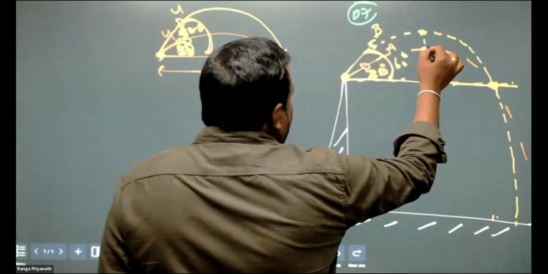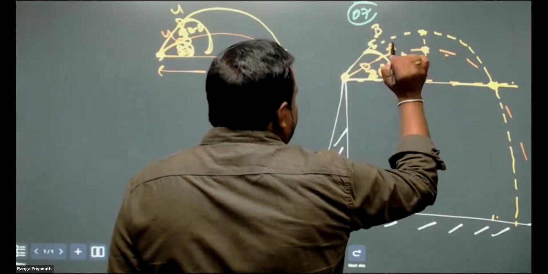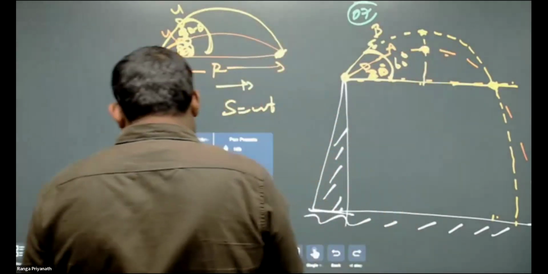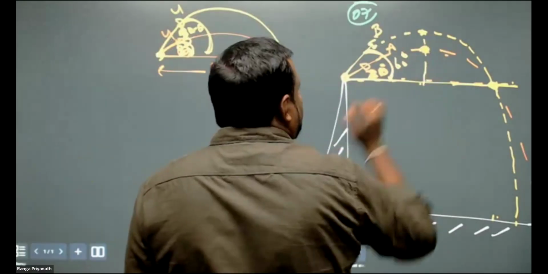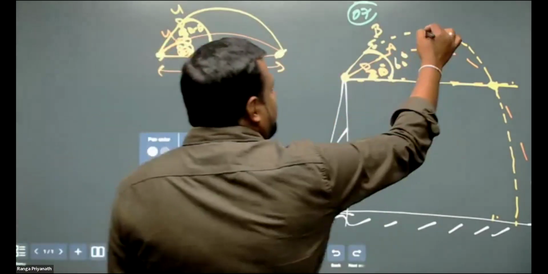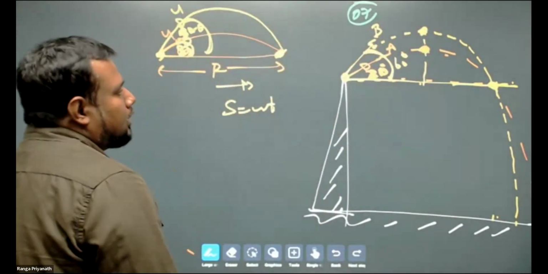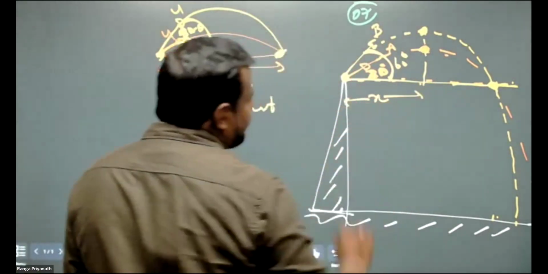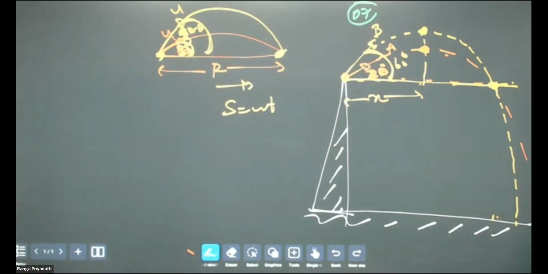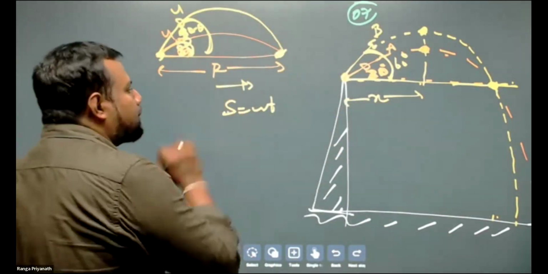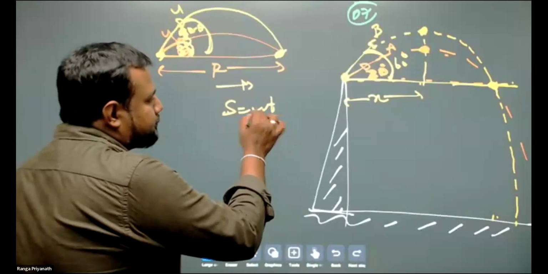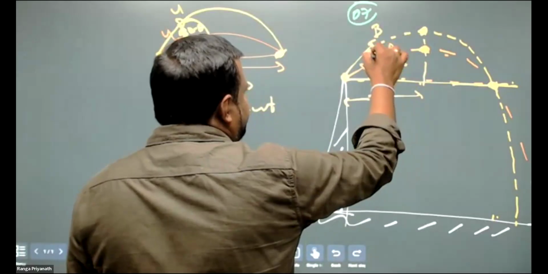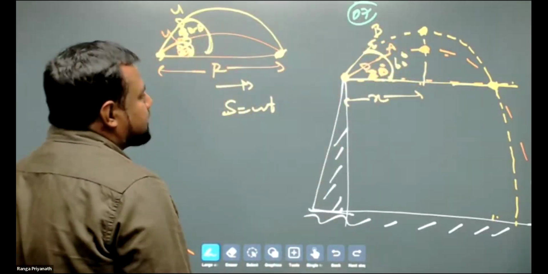Object A comes to the maximum height at this point, and object B comes to the maximum height at this point. But their horizontal displacement, which I will take as x, is the same in both cases. But the speeds, u cos 30 and u cos 60, are not the same.